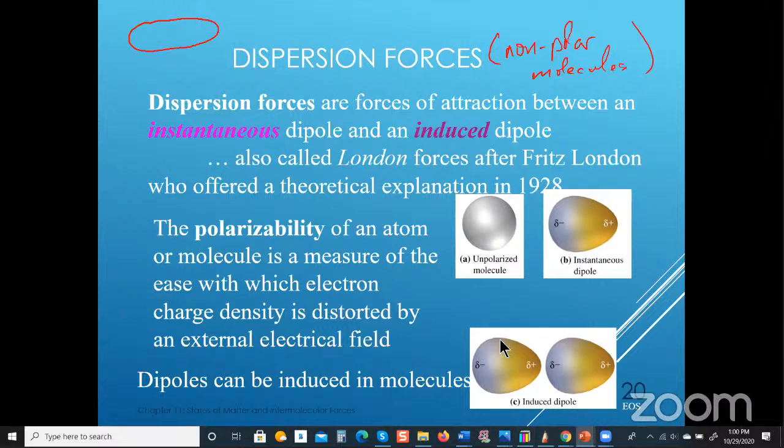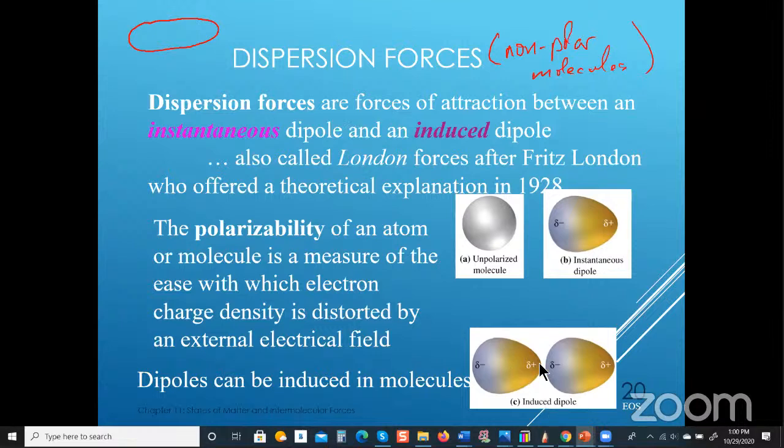So let's say that this is the molecule which initially has the instantaneous dipole. You have the negative end here and the positive end. This positive end is going to attract the electrons from the other molecule to the negative end here, and therefore this will become positive. And that continues throughout the whole substance. And therefore, as a result, you have an instantaneous force that exists between these two induced dipoles.